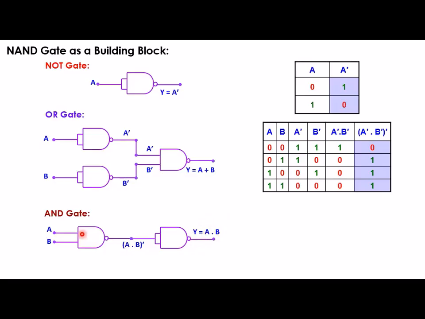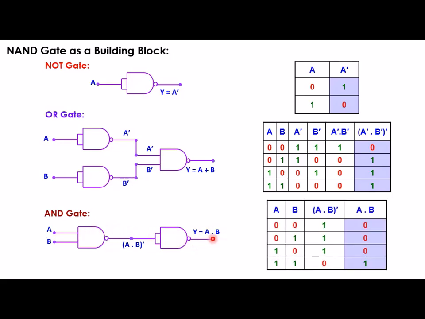So by using two NAND gates, we can realize an AND gate, and the truth table for this is somewhat like this. If A and B are two inputs to this NAND gate, then the output will be the complement of A and B. If A and B are 0, then A AND B is 0, and the complement of that is 1.